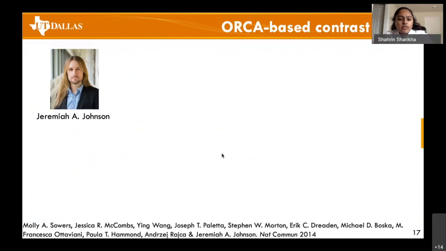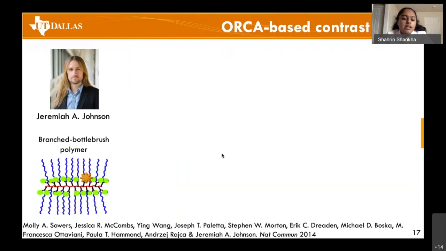That's why they're looking into developing these types of contrast agents. One particular ORCA that they were using is nitroxide radicals, and they conjugated it to a polymer. Now, nitroxide radicals, as some of you may know, have their disadvantages in vivo. They can be reduced pretty easily.